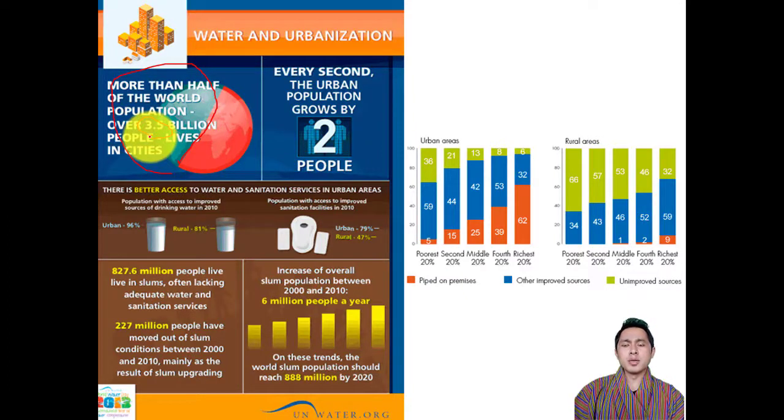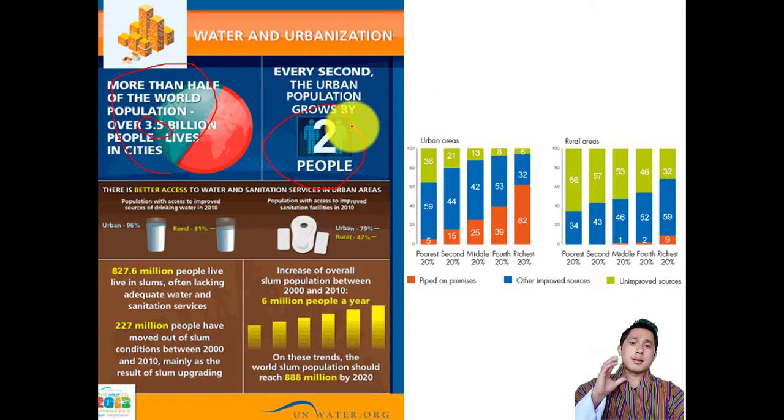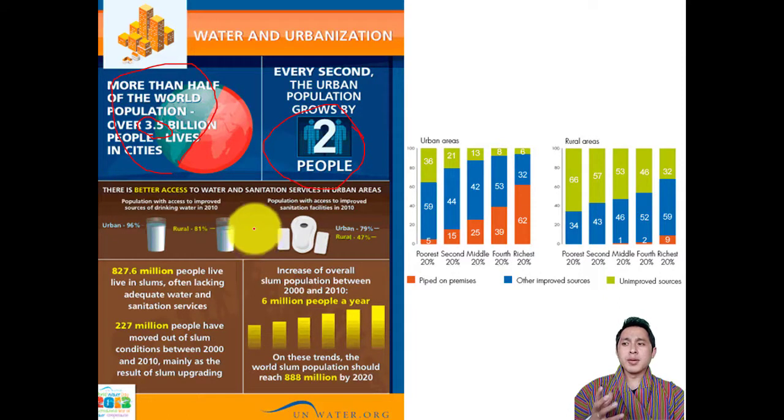Every second, 2 people are migrating to urban areas, and the total urban water use is about 96% higher. If you look at the total rural water use, it's just 81. So there's a difference of around 15% of water use between urban and rural.